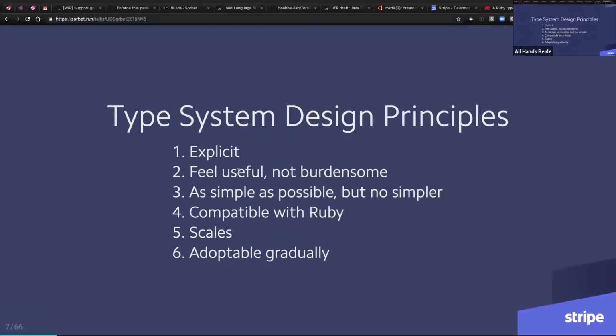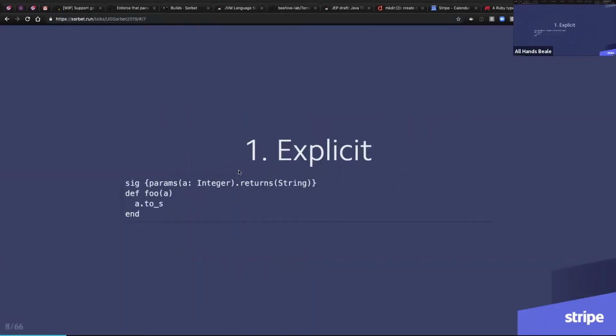So first of all, we wanted to make it explicit. Many type systems decide to do type inference across functions and across classes. This makes it harder for you as a reader, without having a tool in your hand to tell you the types, to know the types. In languages like Scala, you can do type inference from one function to another, and you're free not to write, for example, return types. In some languages, you're allowed to not write the argument types.